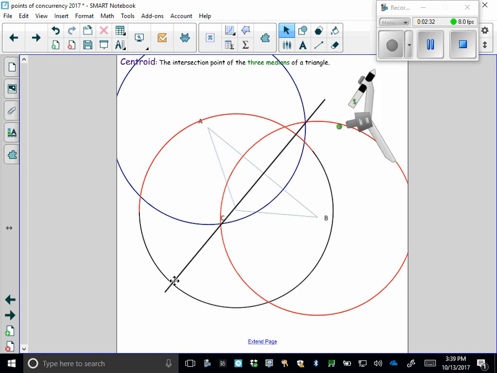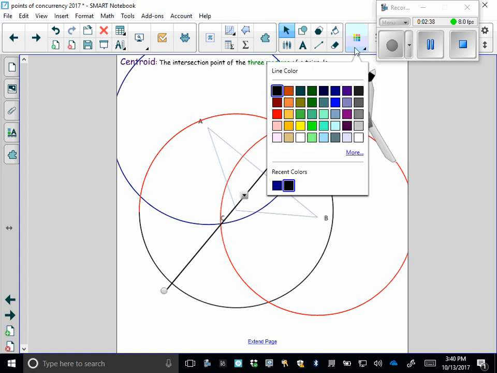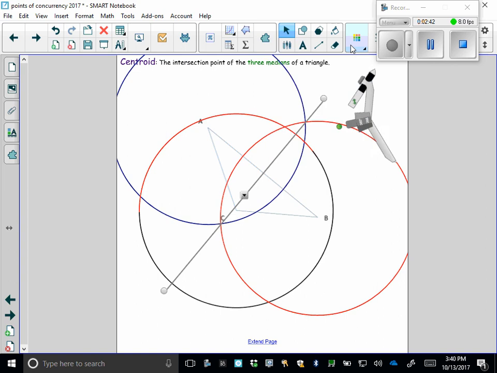So probably what you would do is you would do that in a really light pencil color, like a gray or something light, and then you would just take your actual pen and put a dot where the midpoint is, because we're going to do a median.